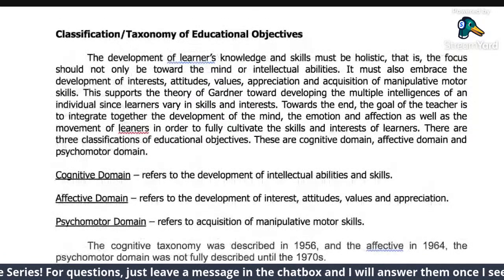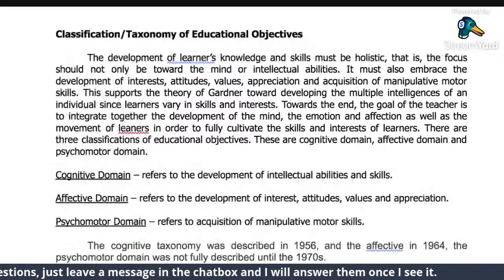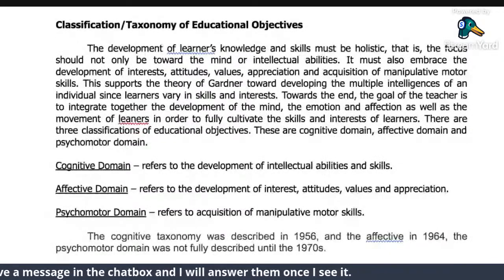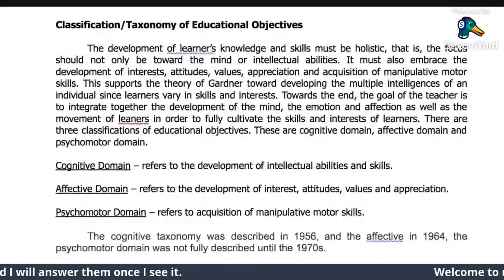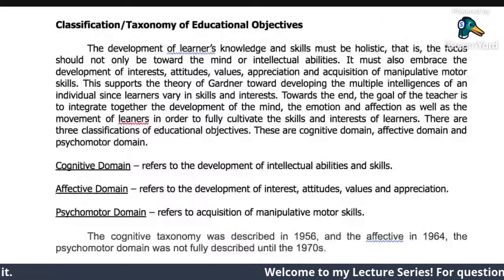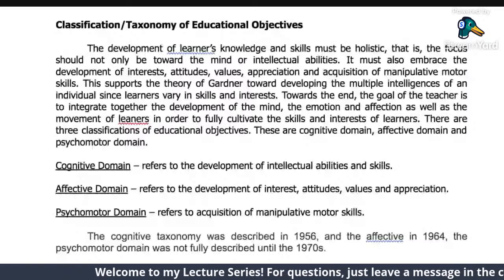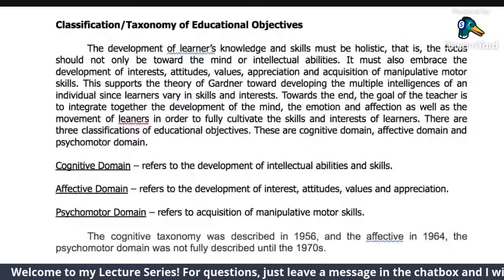Now, why am I discussing this at this part of the course? Because this is also important later on for you to understand some topics in designing a table of specification and designing a test question. So these are also important.